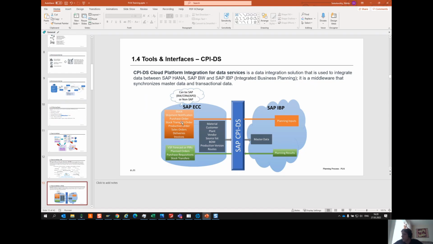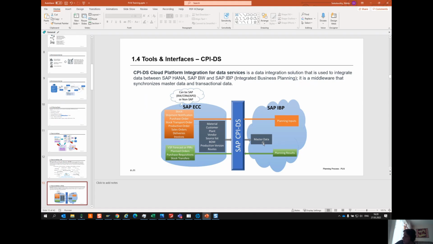You might think that the data goes through CPIDS constantly, and as soon as you change something in SAP, it will be changed in IBP instantly. But that's not actually right.